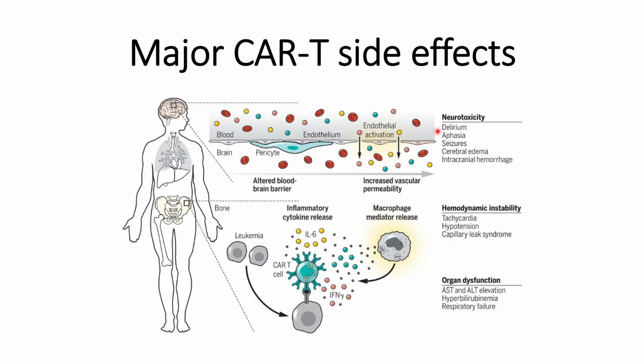Problems that have been reported include delirium, aphasia, seizures, cerebral edema, intracranial hemorrhage. However, it is not clear whether this is because of the CAR-T cells or due to some internal or other problems that already exist within the patient.